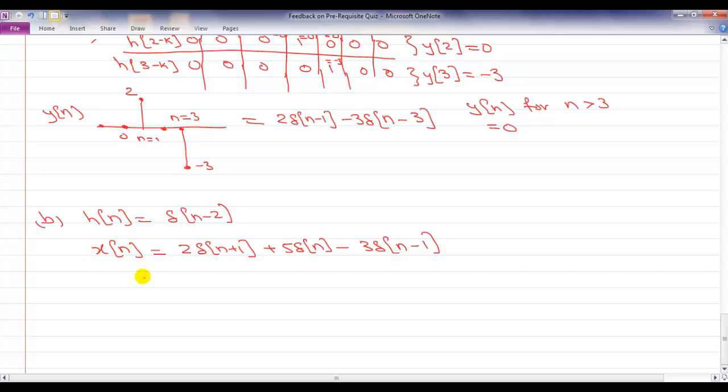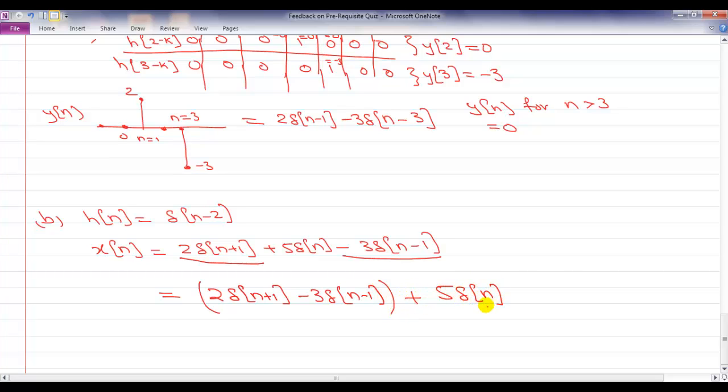So if you look at it, the first two terms are what is given in part A of this question. So I can write this as 2 delta of n plus 1 minus 3 delta of n minus 1, plus 5 delta of n. Let's call the first part x1 of n and the second part x2 of n.